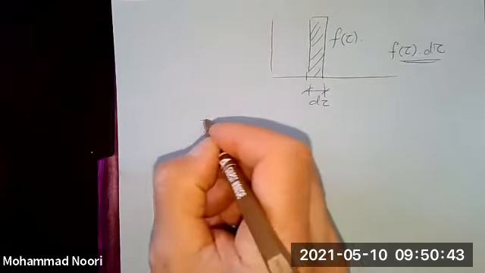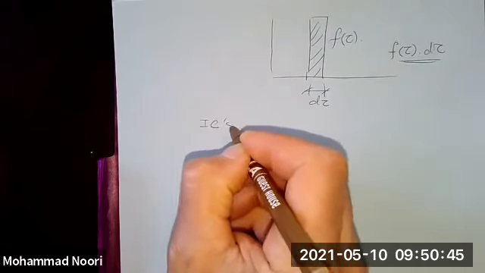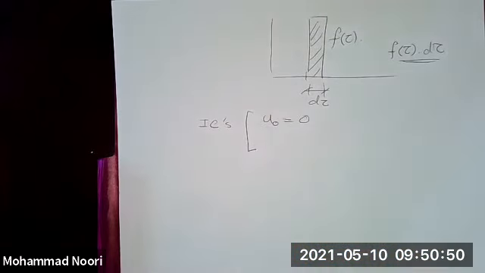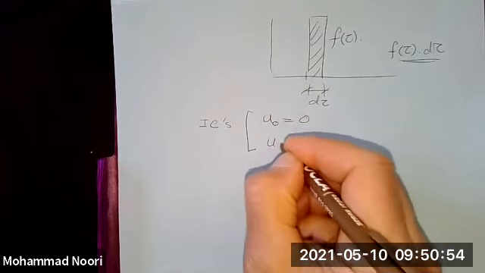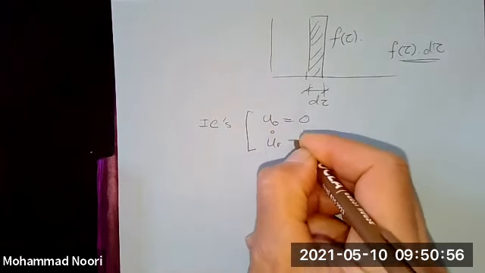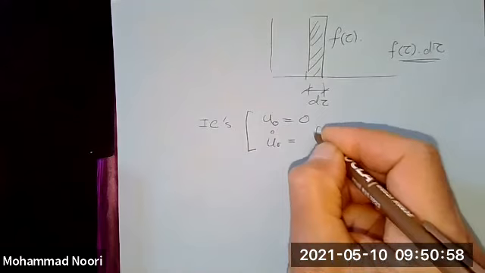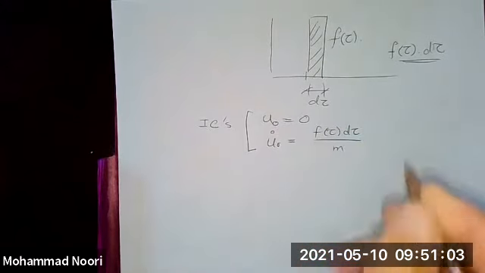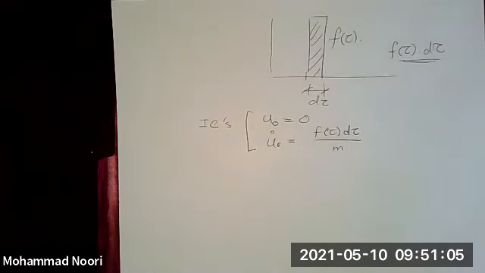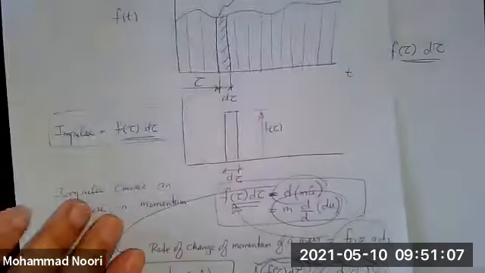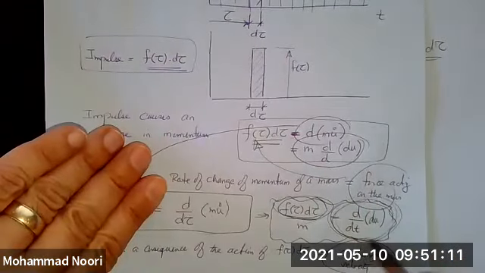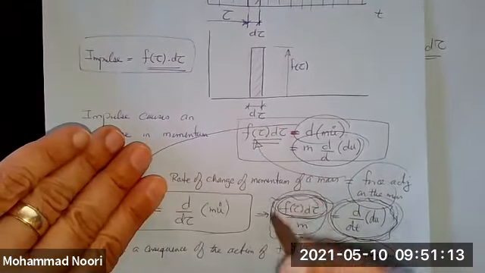The system was at rest, which means the initial displacement is zero, but the initial velocity is now f of tau d tau over m. This is the change in the velocity.